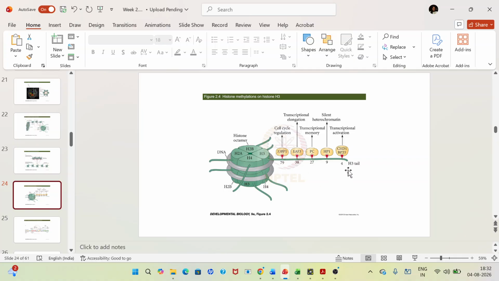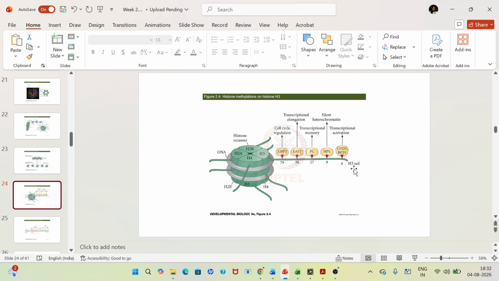For example, these are the particular positions of lysines on H3 histones where methylation happens, and then these methylations attract these particular transcription factors, and after attachment of these transcription factors, these particular processes occur.